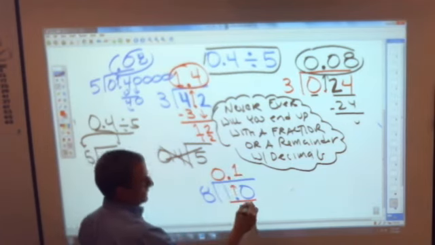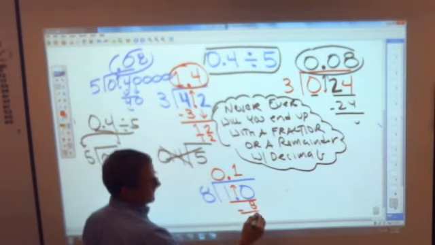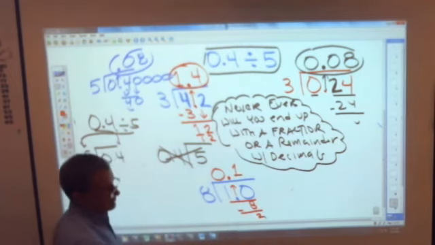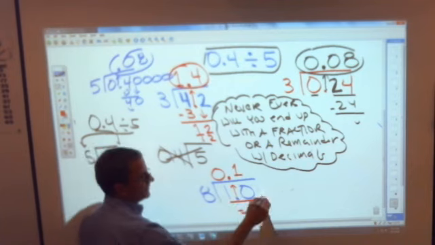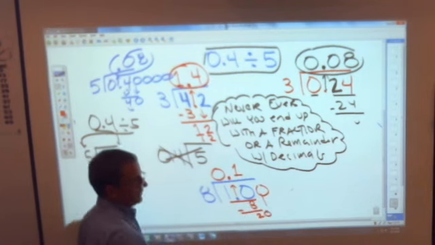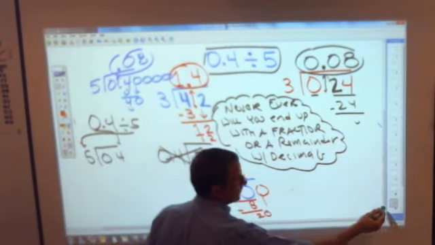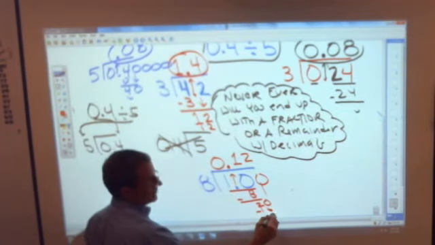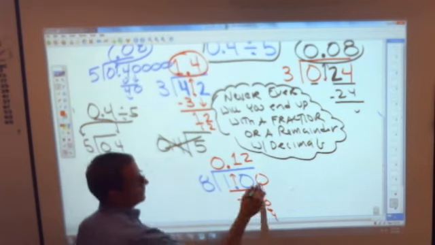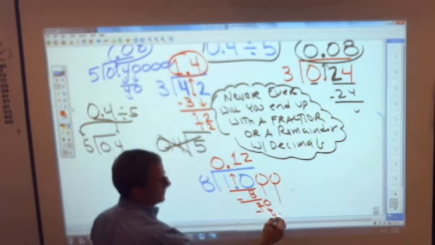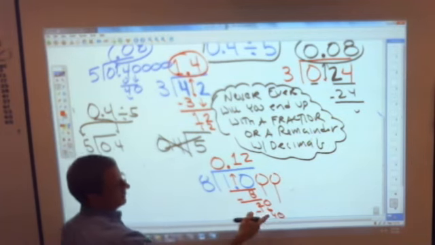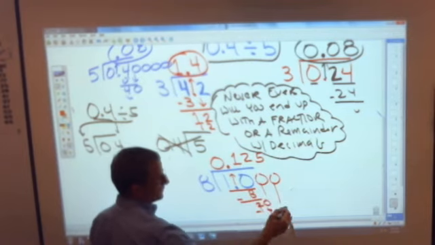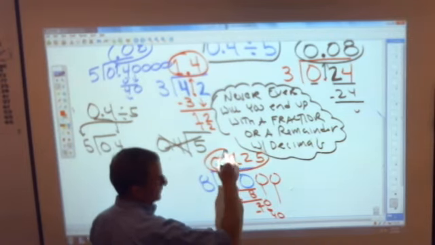Once. I get an 8, I subtract, I get 2. I can't leave that as a remainder or make it a fraction, so I have to add a 0 and bring it down. How many times does 8 go into 20? 2 times, which is 16. I subtract, I get a 4. I can't have remainders or fractions, so I bring down another 0. How many times does 8 go into 40? 5 times evenly. So there is my answer.